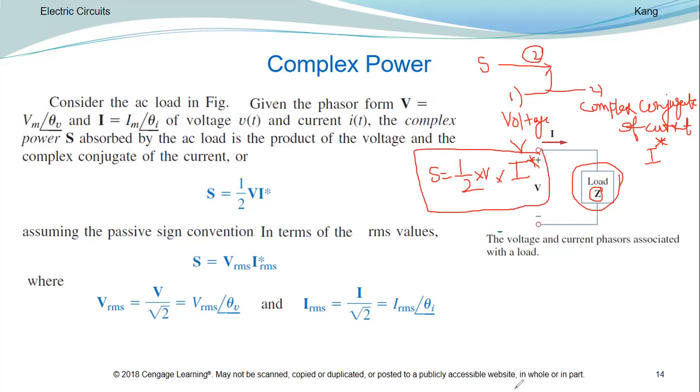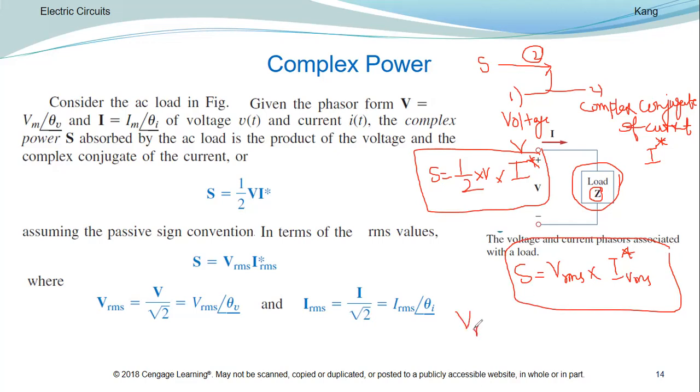Okay. Now second thing is assuming the passive sign convention, so we have to write in RMS. So S equals V RMS multiplied by I RMS star.